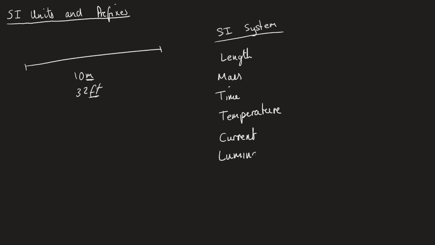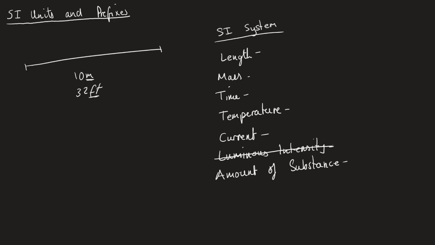This one you're not going to have to worry about at A level. Luminous intensity and amount of substance. Okay, these are the 7 base measurements that you will encounter in physics in general. Okay, for the purpose of A level, we can ignore luminous intensity. Okay, that's not going to come up, but the rest of these units will come up.